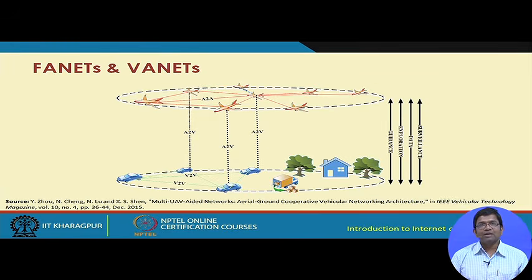So, flying ad hoc networks and vehicular ad hoc networks, as you can see over here, there is a link up. So, this is the flying ad hoc network with A2A links, and then we have these V2V links over here in the vehicular network, and then this connectivity shows the A2V link, which is basically the air to vehicle link.